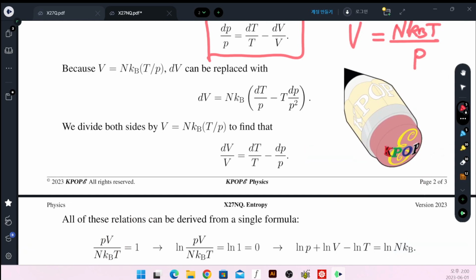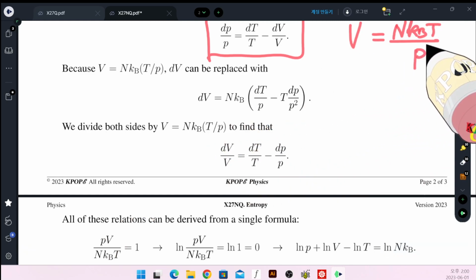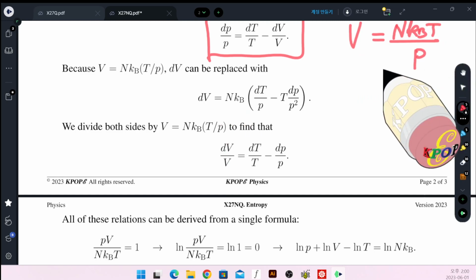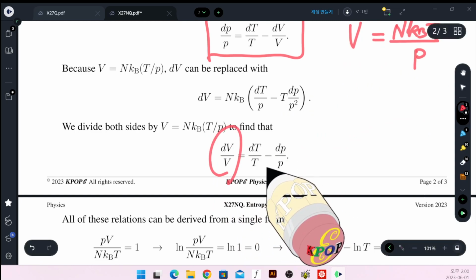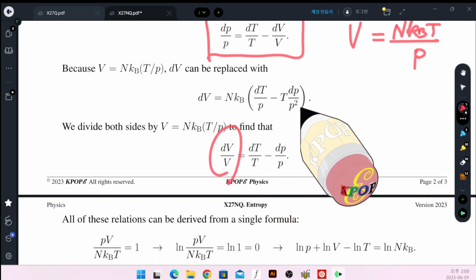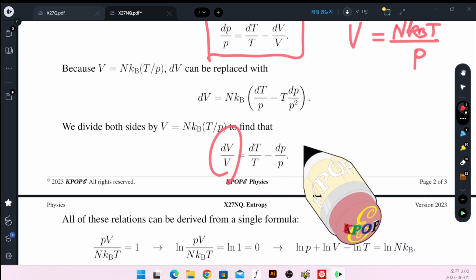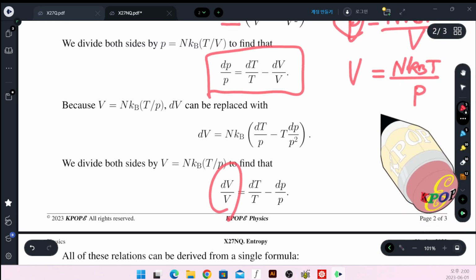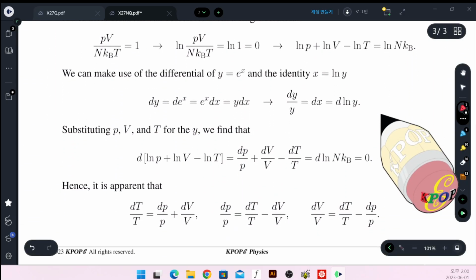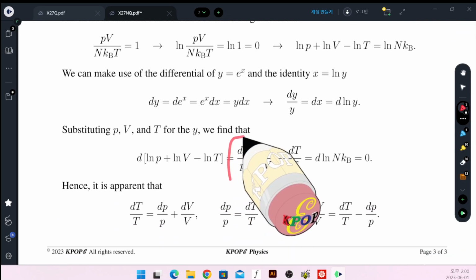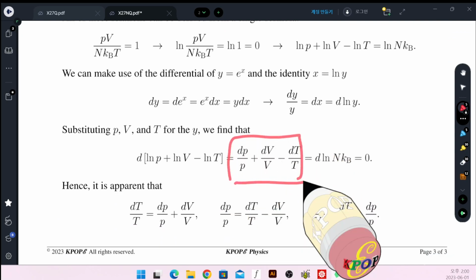Again, we divide both sides by V equals NkBT over P, and this becomes dV over V and dT over T and dP over P. Again, we move everything together to the left-hand side. We will find it is very simple to get this kind of expression.